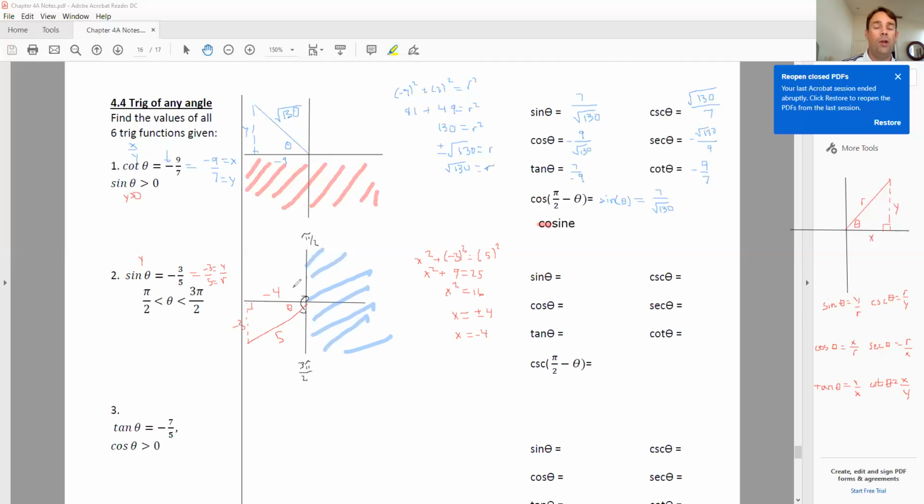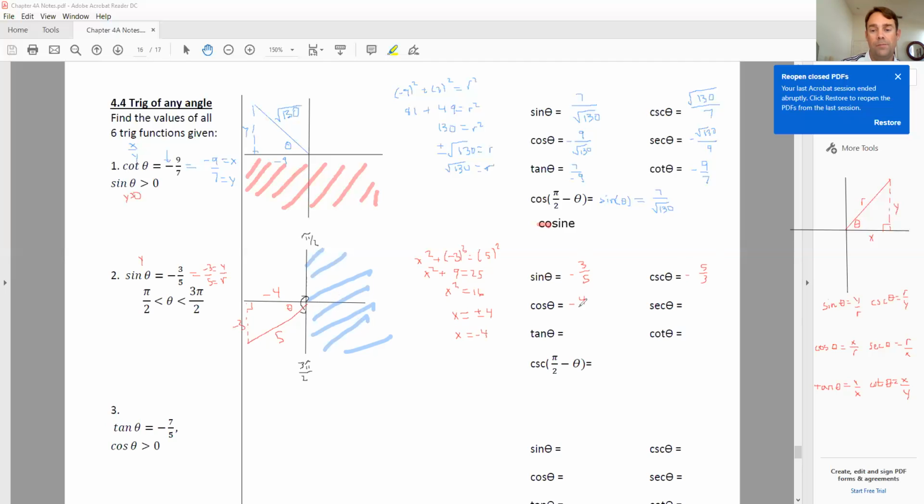People get a little reckless when it comes to their signs, and that's one of the biggest things they miss. Be careful on that. So sine I already knew, it was given to me. That's negative 3/5. So cosecant is the reciprocal of it, negative 5/3. Cosine is negative 4/5.